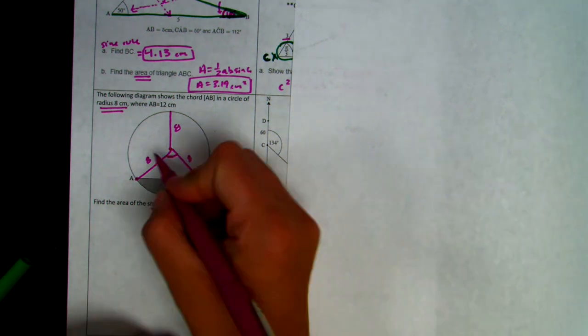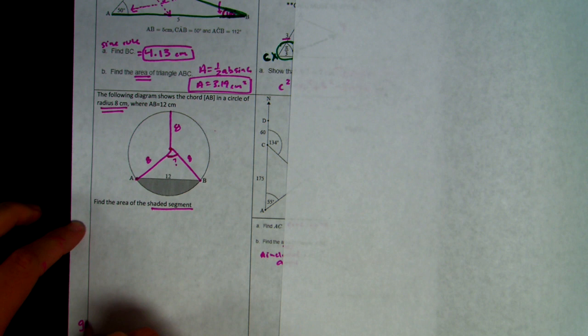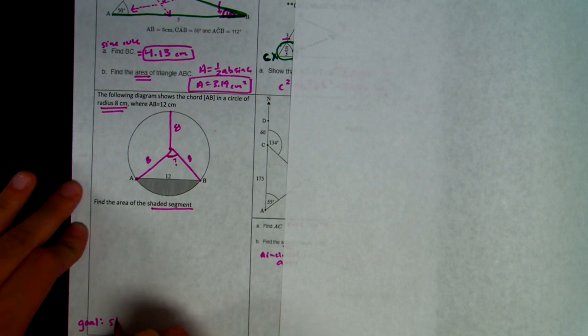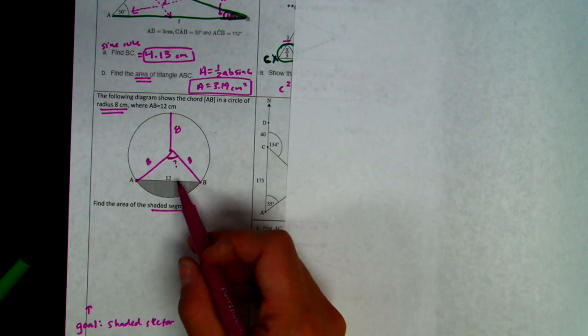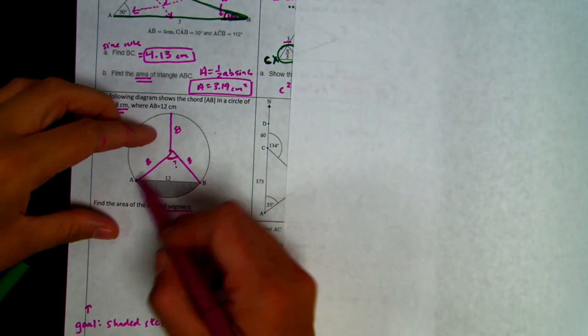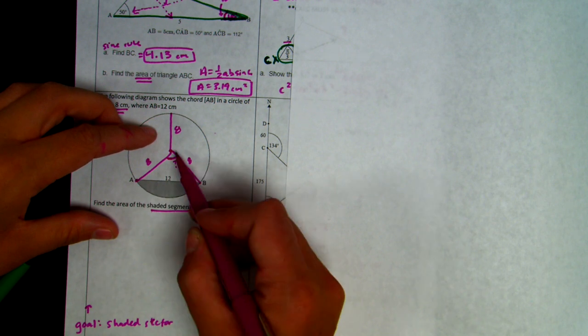So I think about my end goal. My goal is the area of the shaded sector. Let's think backwards from how we can get there. Usually the way that I find the area of a piece is I do the entire thing minus a section.